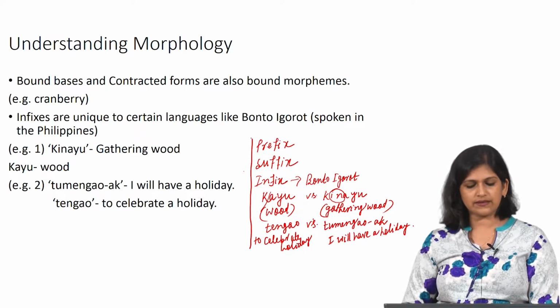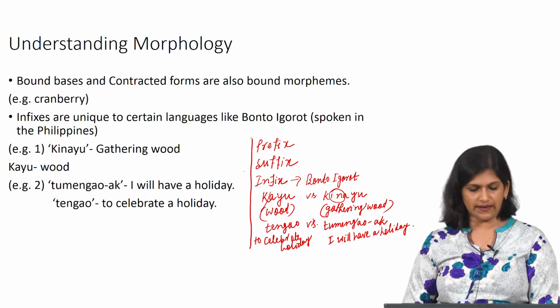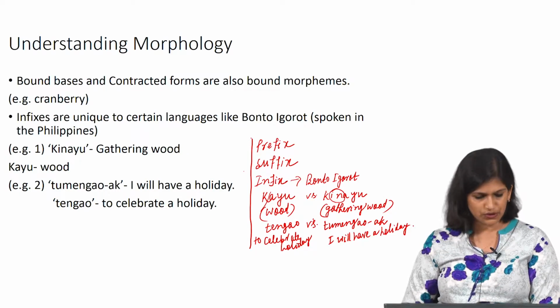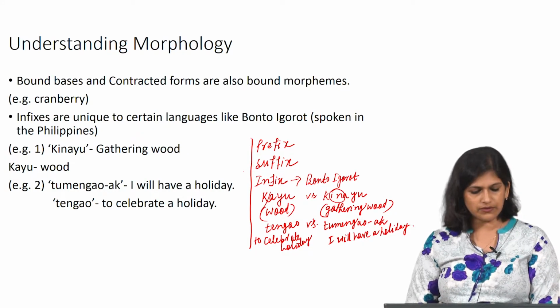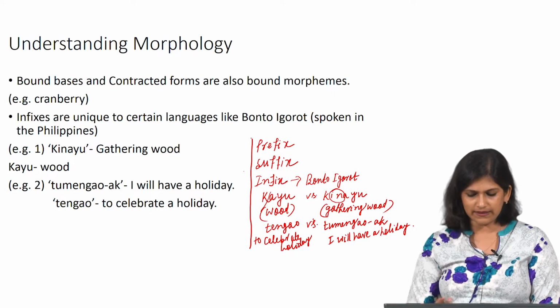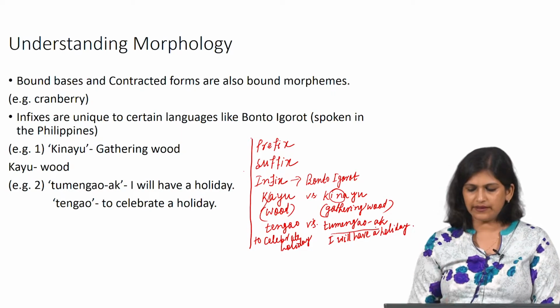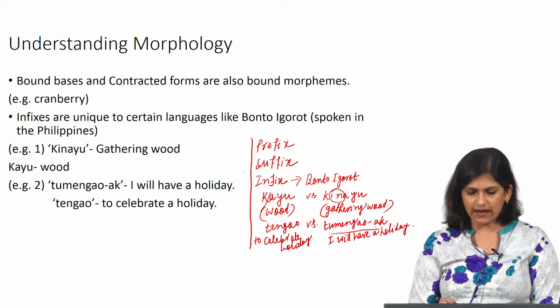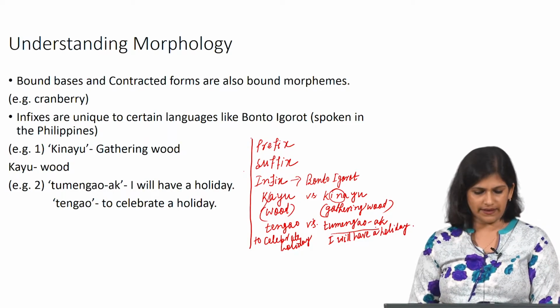Now, may I ask you the second question? Look at the data carefully given in example number 2. In example number 2, you have Tumengao ak versus Tengao. Tumengao ak means I will have a holiday, and Tengao means celebrating a holiday.